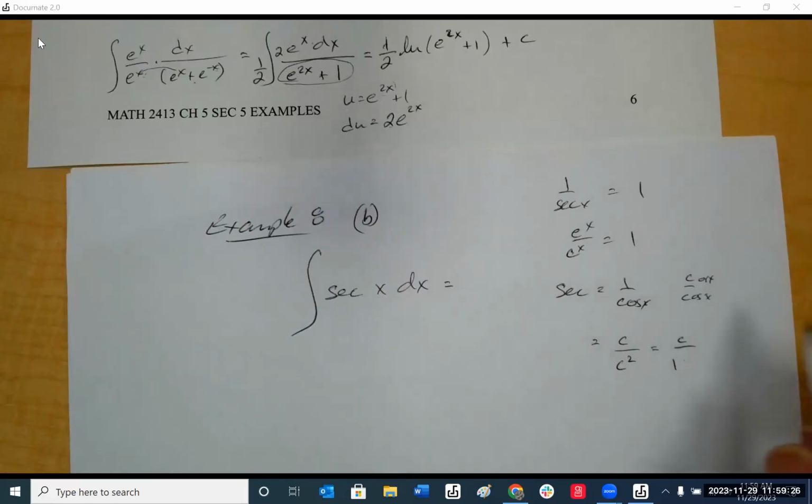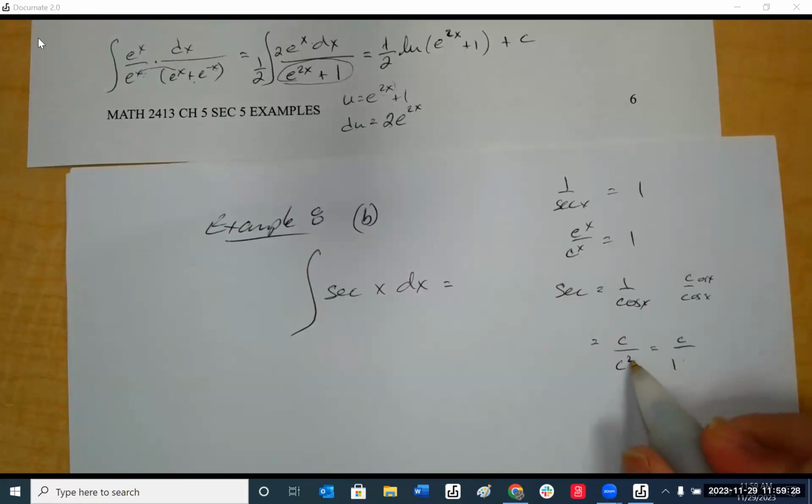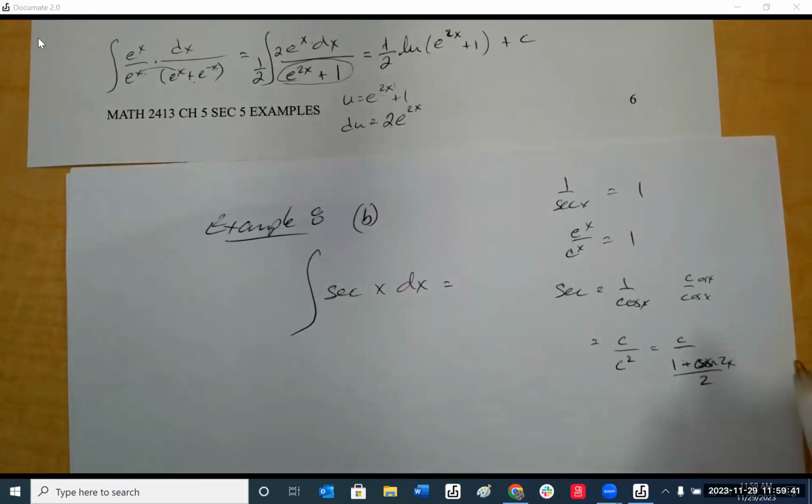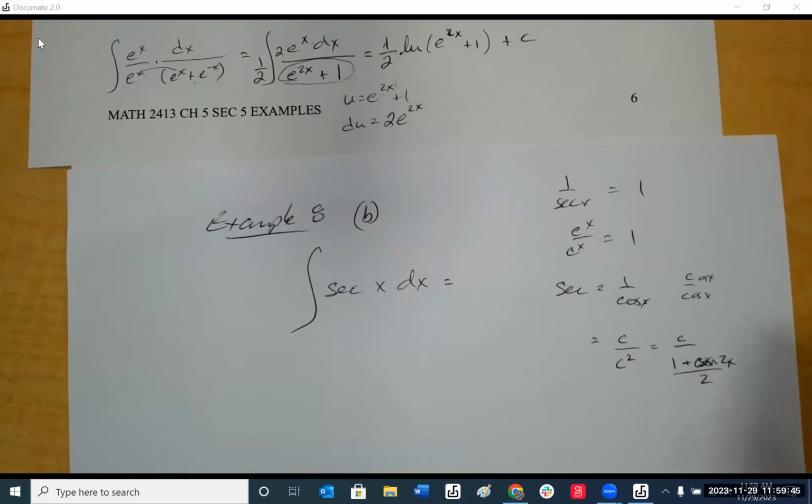Yeah, so cosine squared x is 1 plus cosine 2x over 2. So if we have this, we do 2c equals 1 plus cosine 2.